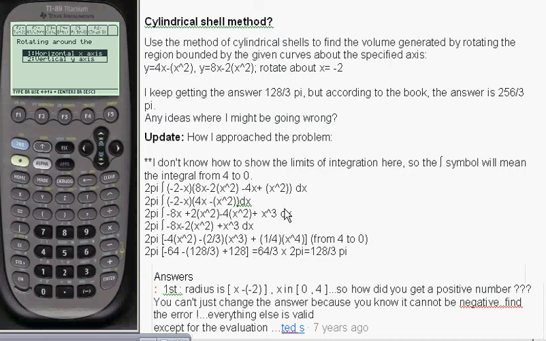So when shells are the opposite. In all the other ones, the disc and the washers, if you saw the functions being in x here, you would know that you're after an x-axis or dx problem.